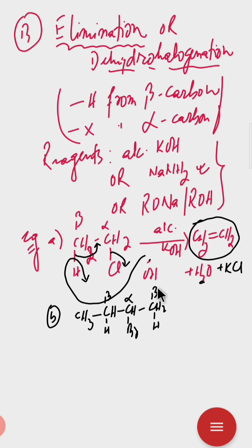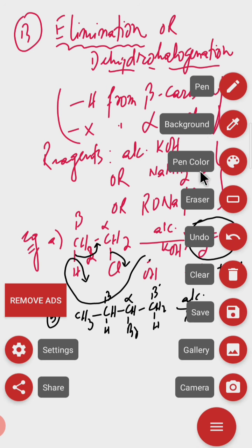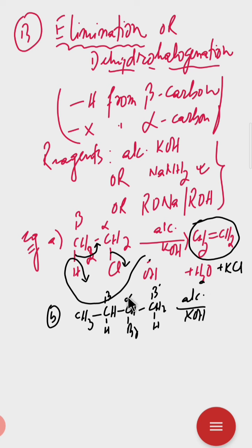So these two beta carbon atoms are different. So if it is reacted with alcoholic KOH, then elimination takes place at these positions. This is beta, this is alpha, these two can be eliminated like this, and the double bond can be formed to this position between these two carbon atoms.